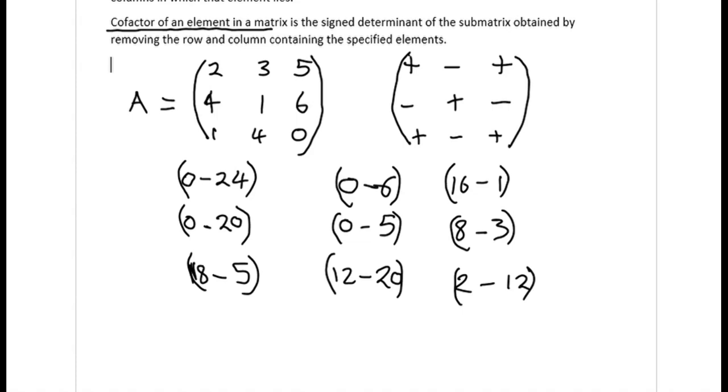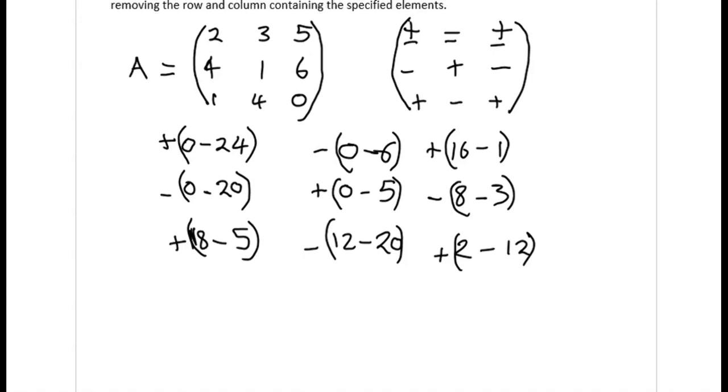So I will assign these signs. Plus, I assign them here. Minus will be here. Minus will be here. Plus will be here, according to their respective positions. Okay, so the first here is 0 minus 24, so that's minus 24, and minus 0 minus 6.